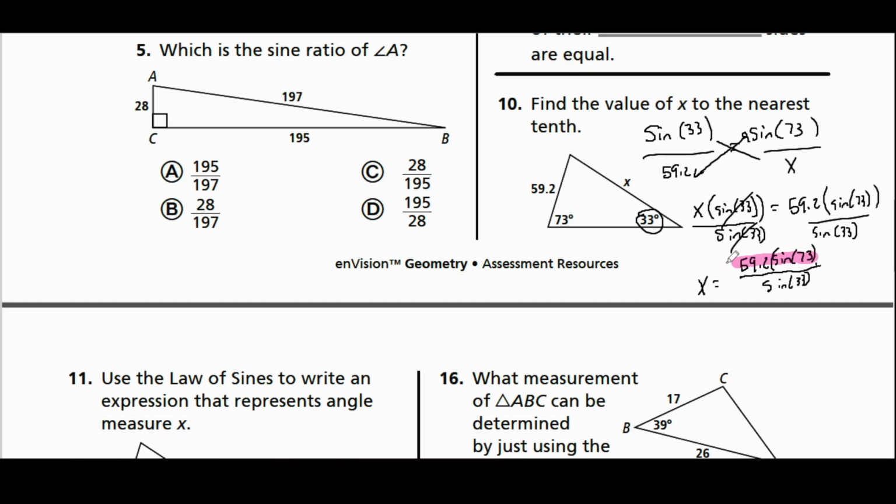I hit equals, and right now I have 56.61324155. Now I'm going to divide by, because that's this bar right here, 33 sine. And I hit equals, and I get 103.94.